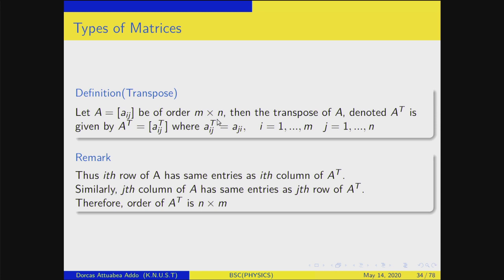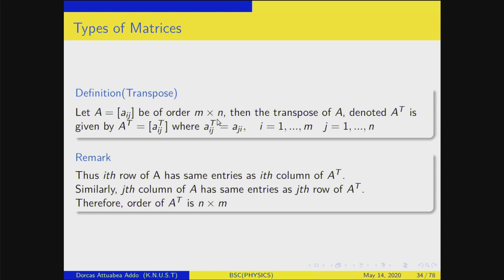If I transpose, what happens is that I change columns with what? Rows. So if I take the transpose, the i, which is the row, becomes j, then j becomes what? i. So we are saying the ith row of A has the same entries as the ith column of A transpose.